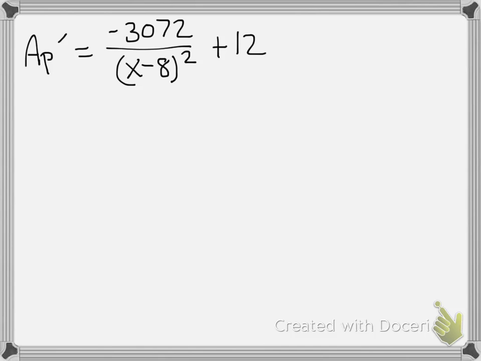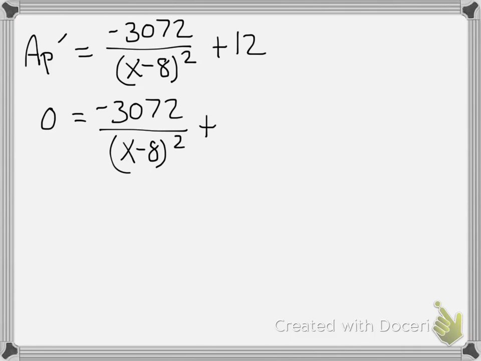Okay, so it told us to find the smallest area, which would be a minimum. So to do that, we just set A prime, our area prime, equal to 0. Subtract 12 from both sides.